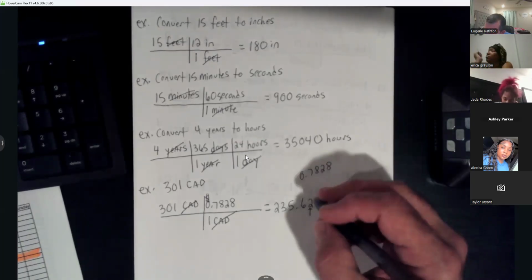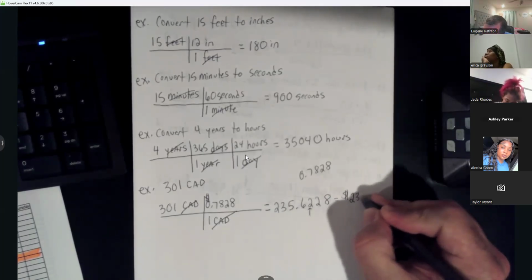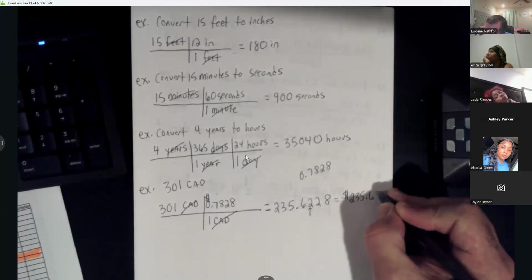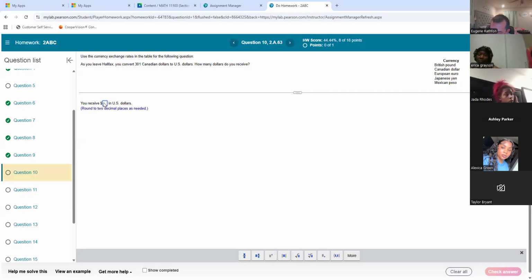Leaving it a 2. So that'll end up 235.62. Okay. All right, so that'll be the 235.62. And y'all, that's the way you're going to do them problems right there.